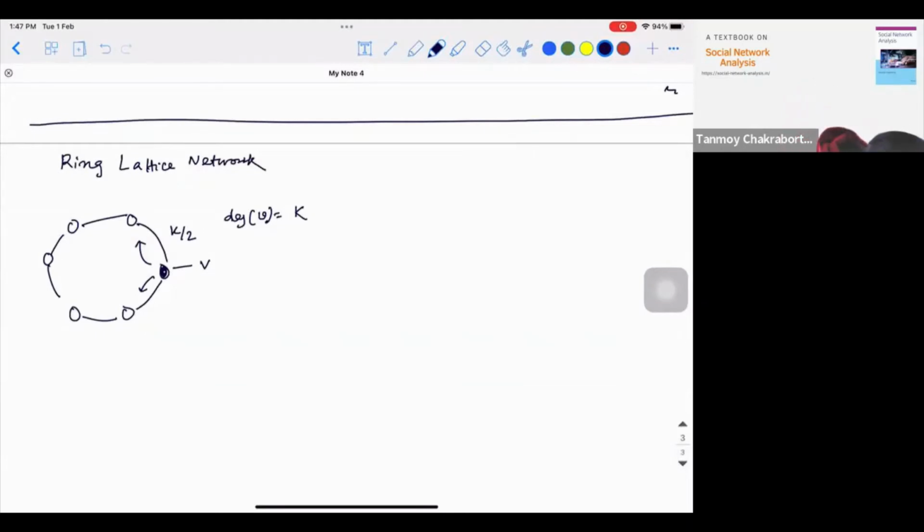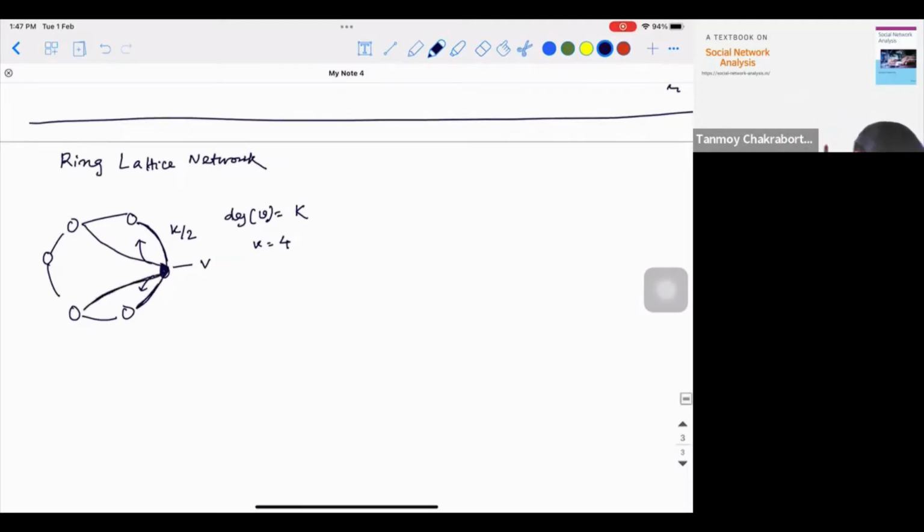Very simple. So if k equals, say, 4, that means this node is connected to this node and this node on the upper side, and on the lower side it is connected to this node and this node. So you see degree is 1, 2, 3, 4. Now this is the connection principle for all the nodes. You take a node and the degree is k because it's a regular graph.